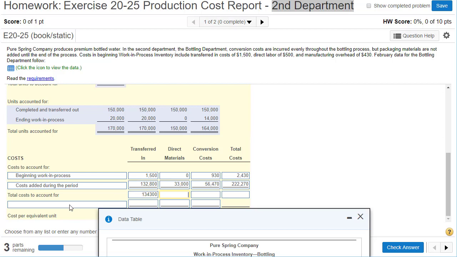Tab to the next field, $33,000 of direct materials. So these two numbers added up equals $57,400. And then our total costs are $224,700, which are these two numbers added up, or these three numbers added up.